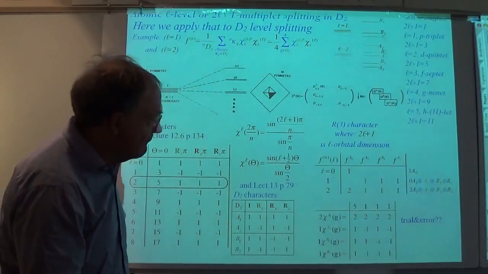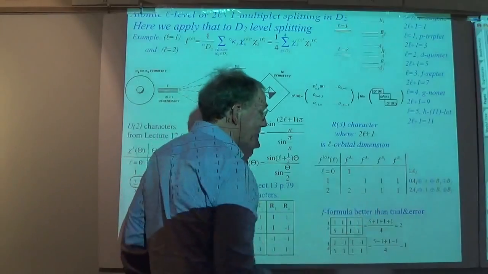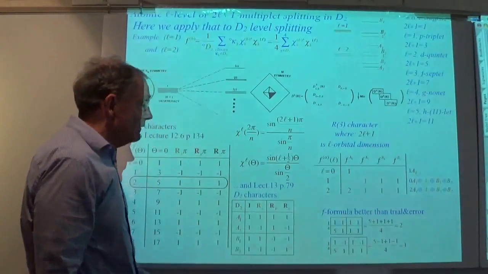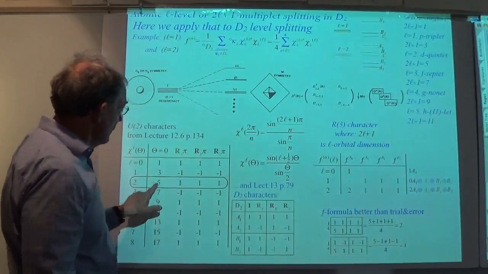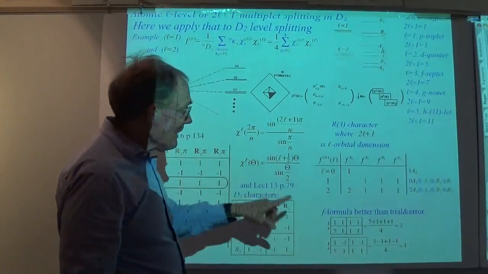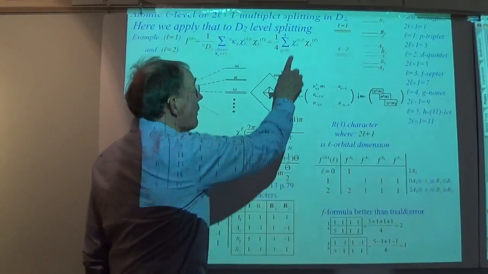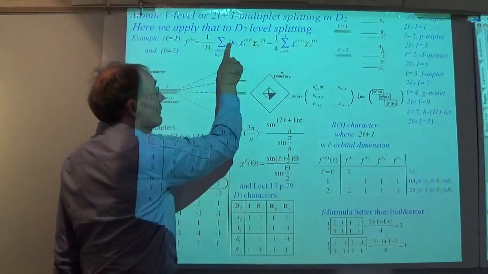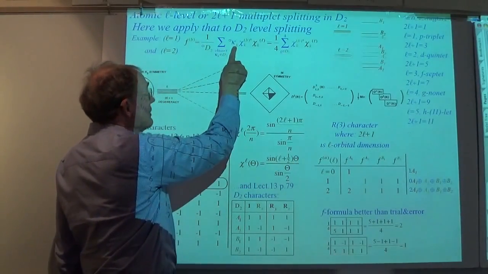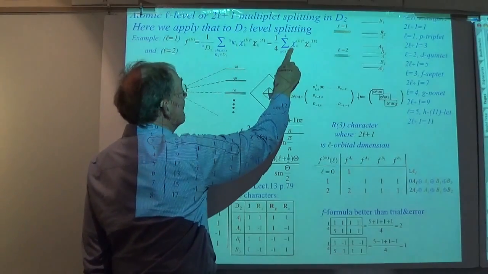So I'm going to just jump right here and say the F formula is much better than trial and error. And all you have to do with the F formula is take these 5 and the 3 1s and do a multiplication, a scalar product, and that's, you see, all you've got here, because the order of the class is not weighting anything but 1 here, you see.